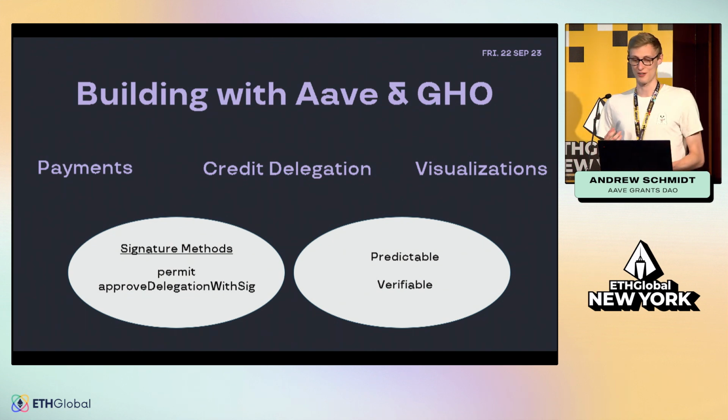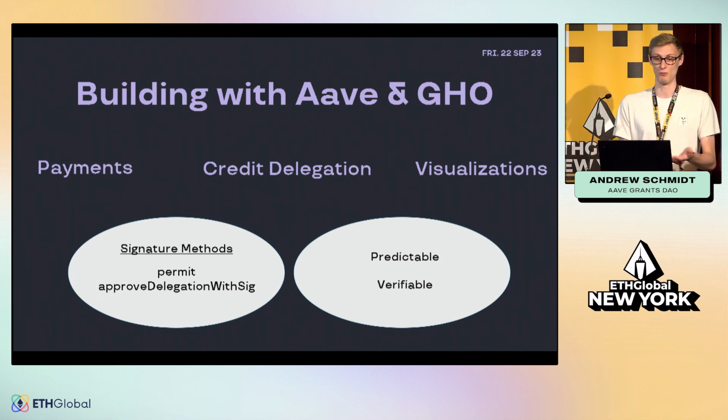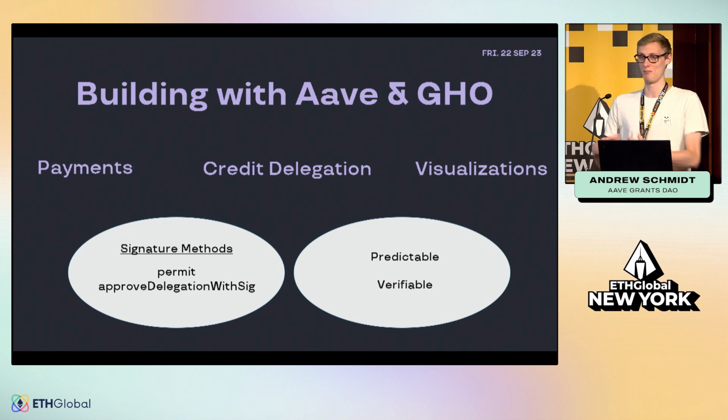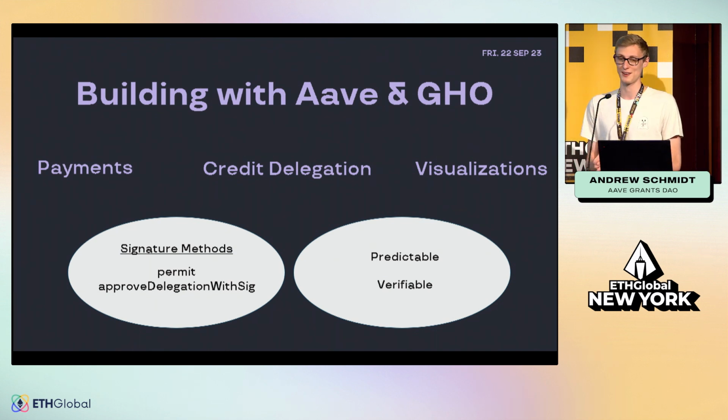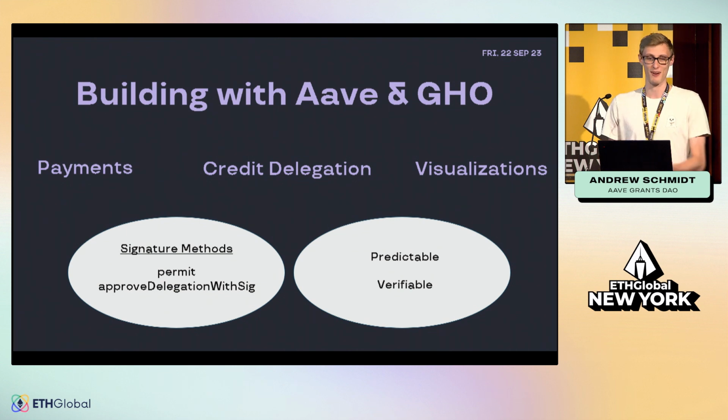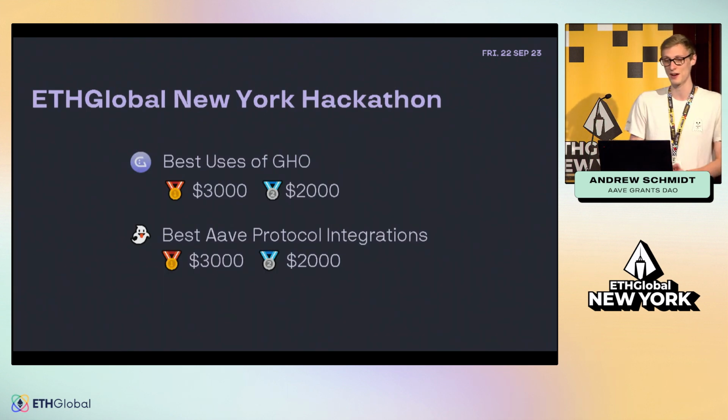So as a user, I am able to know exactly what is going to happen based off of the current DAO parameters and my current position. And so building visualizations, I think, is a very untapped area within DeFi and Aave and Go specifically, just informing users about exactly what is happening when they perform these actions.